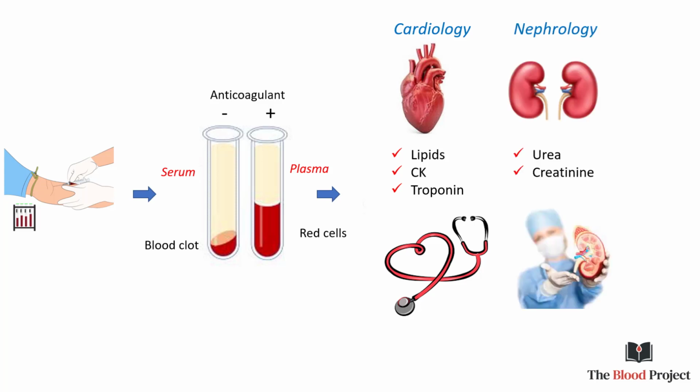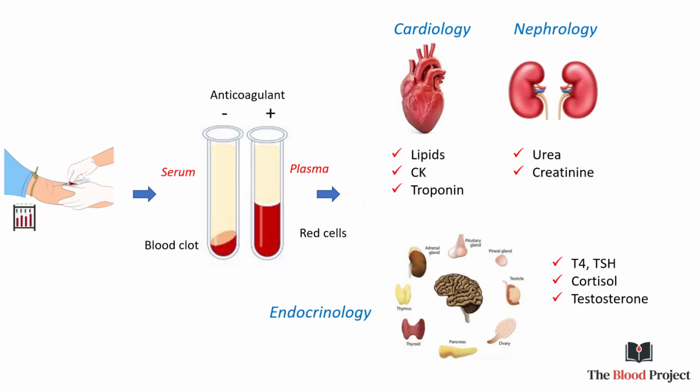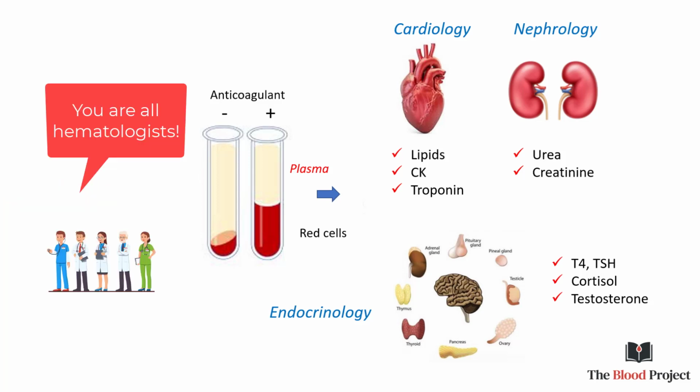Nephrologists routinely assay for urea and creatinine, which are normally excreted by the kidney and build up in the blood in states of renal dysfunction. As a final example, endocrinologists focus on hormones, which use the blood as an information highway to communicate with tissues throughout the body. So if hematology is the study of blood, you are all part-time hematologists, no matter what your clinical interests are.